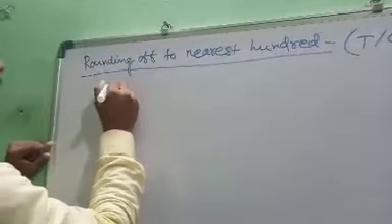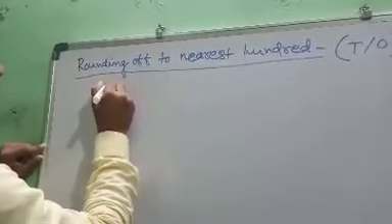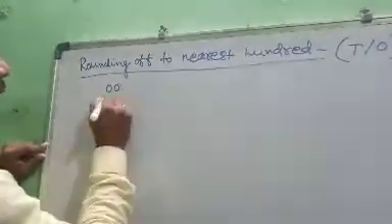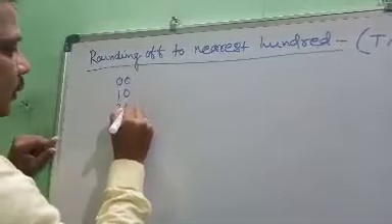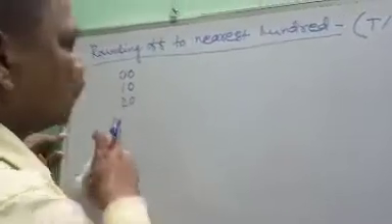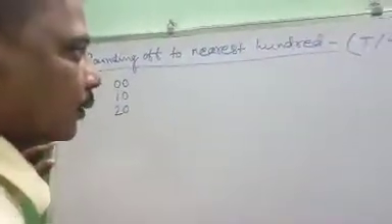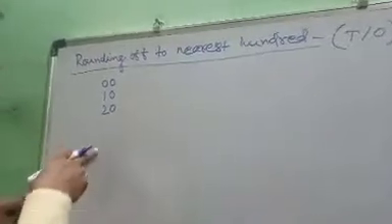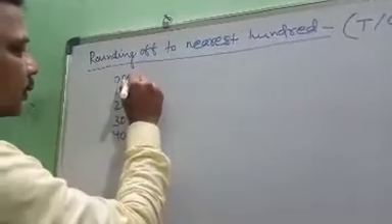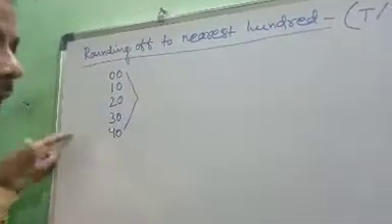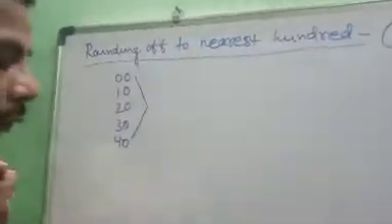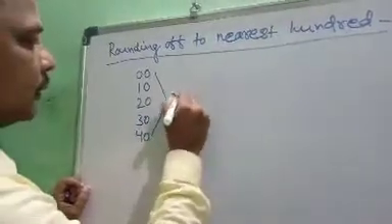So, let's write the formula. In nearest tens, I was looking at one place, but in nearest 100 you have to look at two places, so I am writing 10, 20, 30 and 40. If the digits in the tens place are 1, 2, 3 and 4, then its value will become 0.